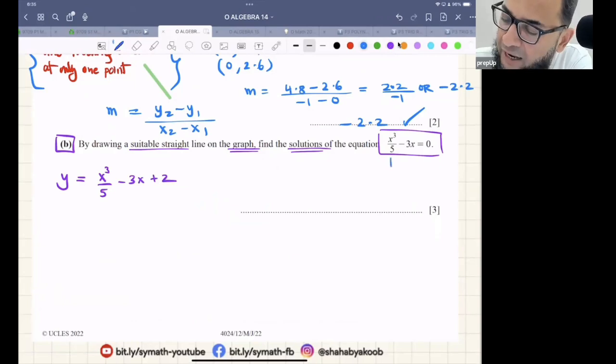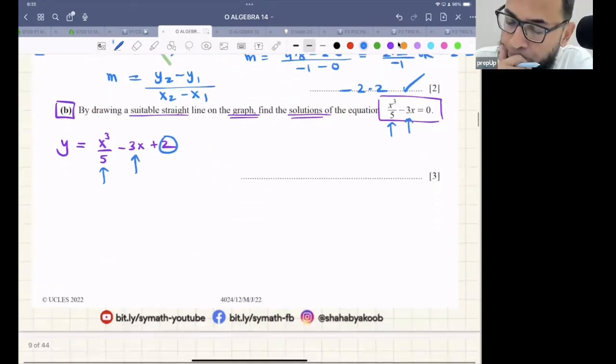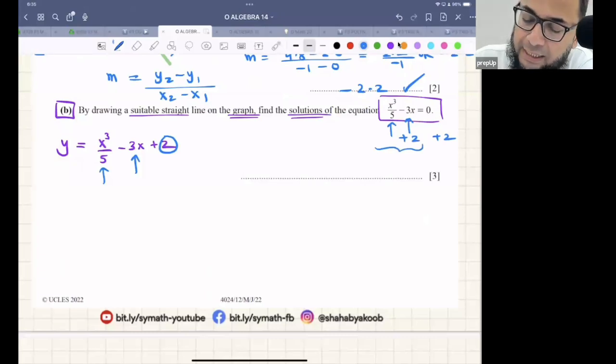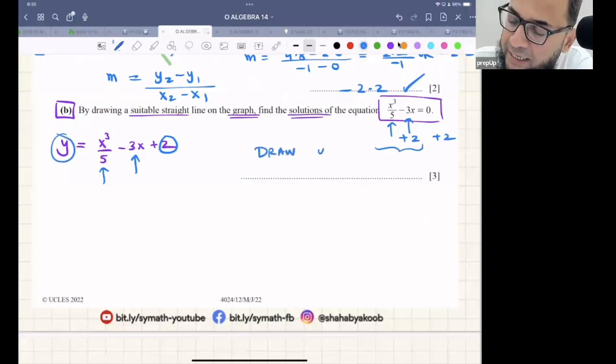We have x cube over 5, that is already there, minus 3x is there. The missing thing is this. We want the solution of this equation, which is equal to 0. That means if I add plus 2 on both sides, the left hand side is this equation. So draw the line y equals positive 2.